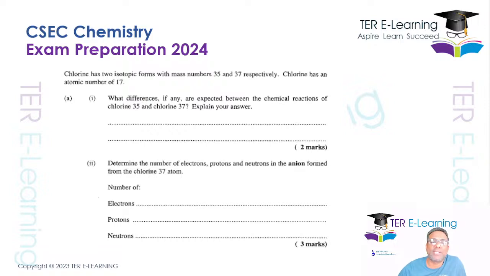Now this is a nice question. Just for your knowledge, chlorine has two isotopes: chlorine 35, 17, and chlorine 37, 17. What differences, if any, are expected between the chemical reactions of chlorine 35 and chlorine 37?